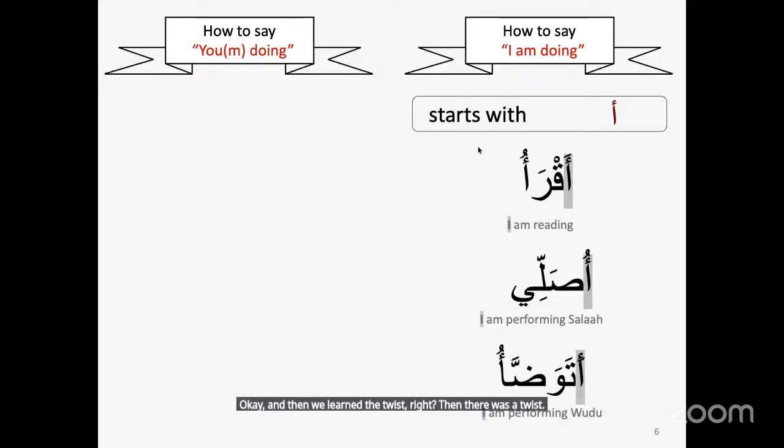The remaining ones are you male and you female. We said you female we're going to do later. But we said you male.